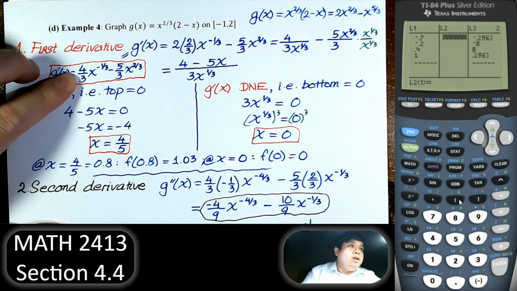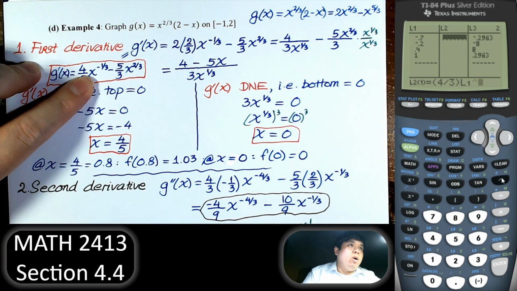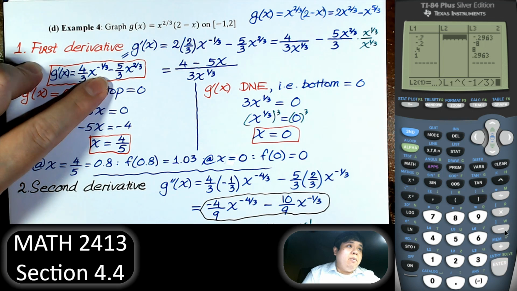Be that 4 over 3 x. Don't enter x, use L1 for x. To the negative 1/3. Minus 5/3. The list. Five-thirds.